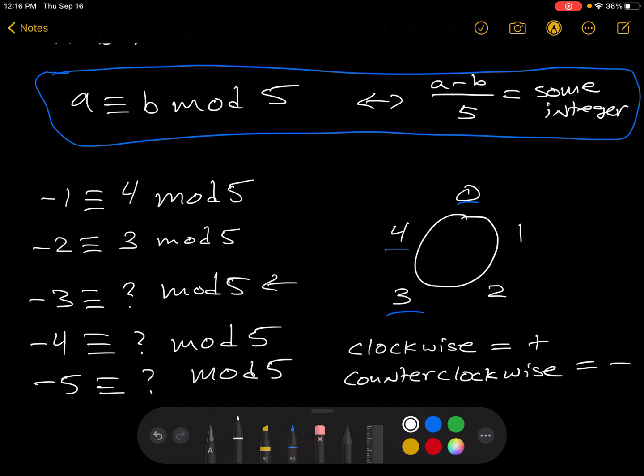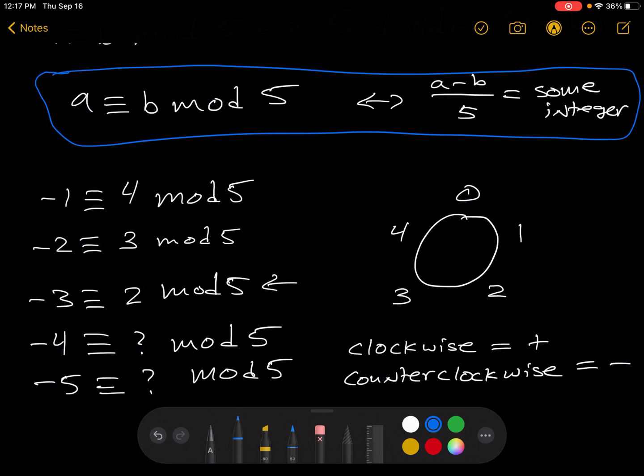Let's see, 0, negative 1, negative 2, negative 3. Oh, okay, so negative 3 is just 2. Now moving on to negative 4.